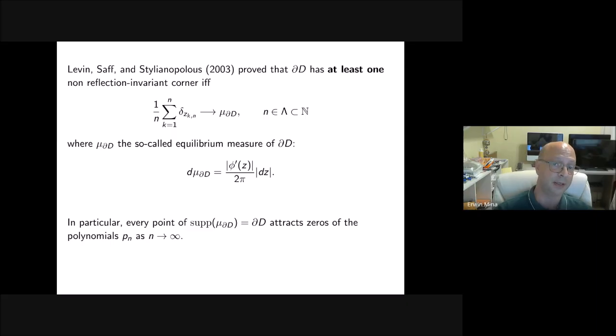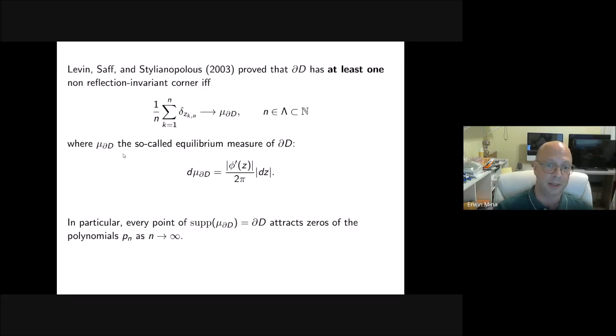So it's an if and only if condition, right? So having a bad corner is equivalent to saying that through some subsequence, the normalized zero counting measures converge to the equilibrium measure of the curve.